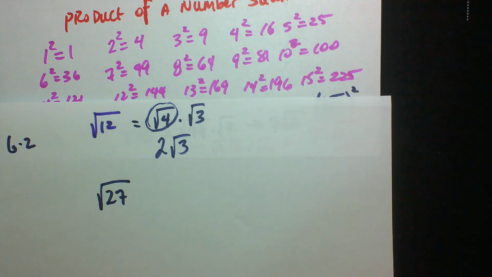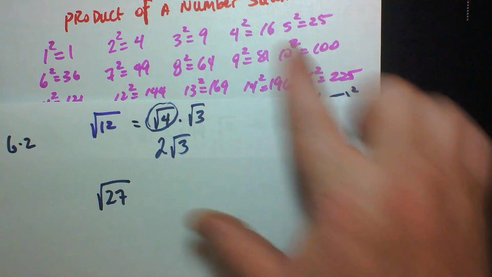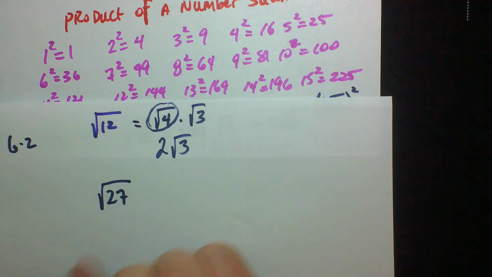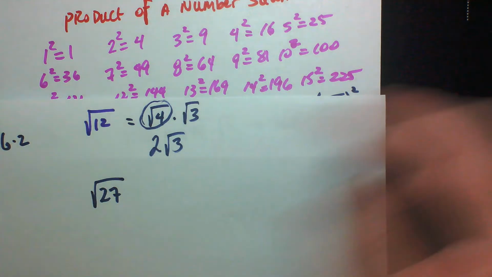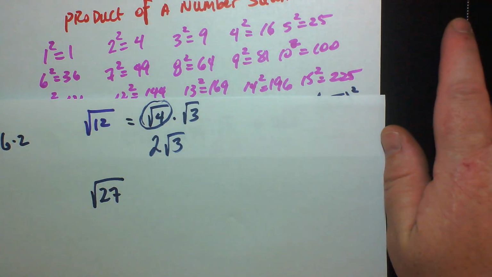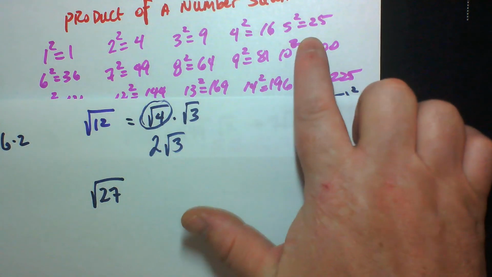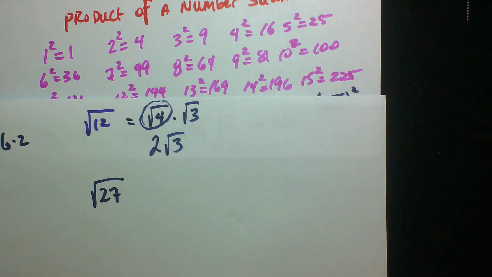Not 4, because 16 doesn't go into 27. It's because I got 8. 8? Where'd you get 8? But you have to figure out. Oh, he's gonna show you. 9 goes into 27, right?